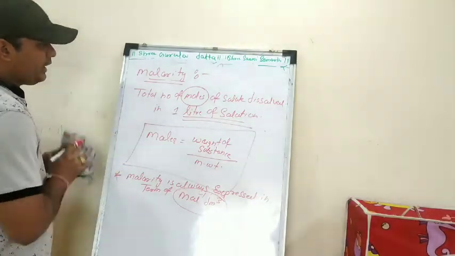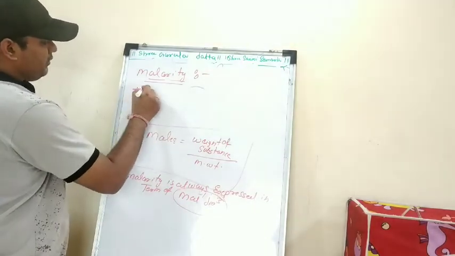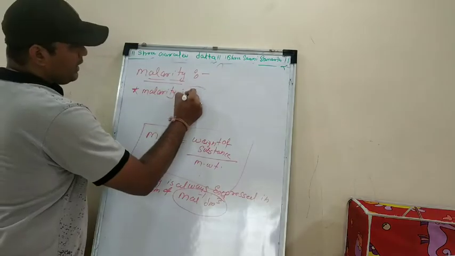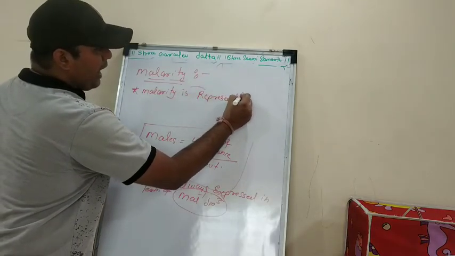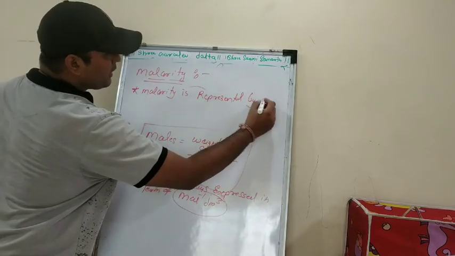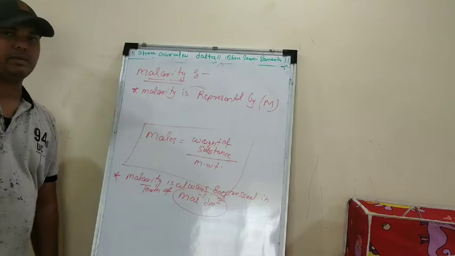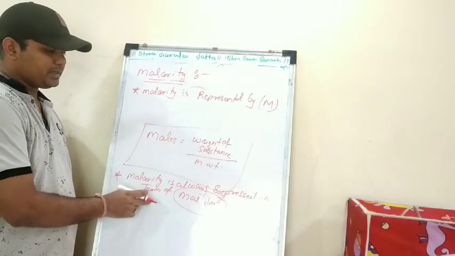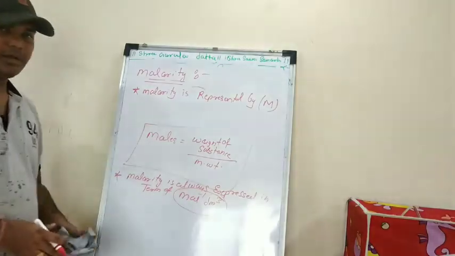And molarity is represented by capital M. Always remember, molarity is represented by the capital M. Molarity is always expressed in terms of mole per dm cube, right? So I hope that you have understood this.